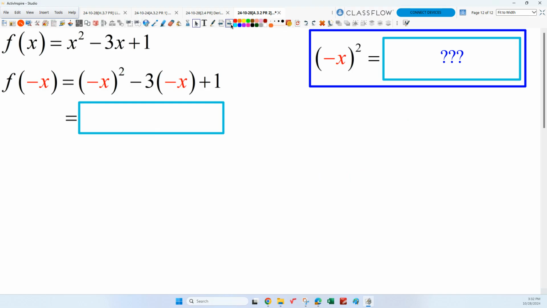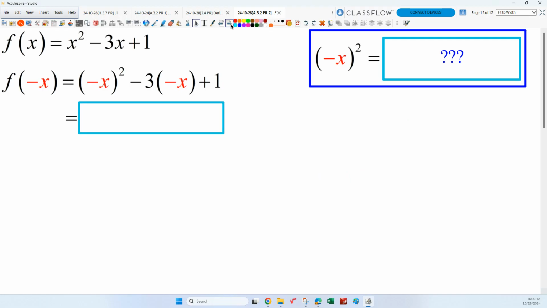We're going to follow the same rules. Every place I used to have an x, I'm going to replace that with the quantity negative x. So I get the quantity negative x squared minus 3 times the quantity negative x plus 1. I just have to simplify that. First of all, what is the quantity negative x squared? X squared, exactly.